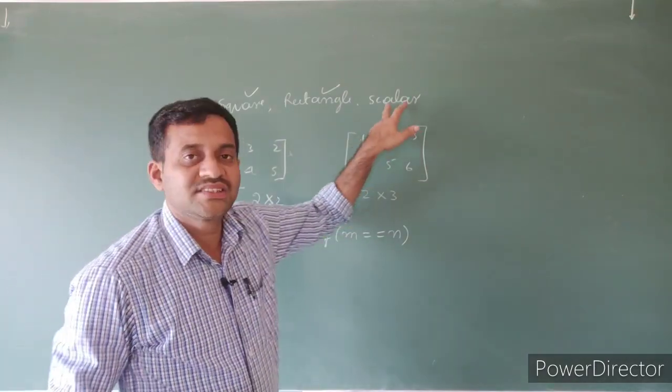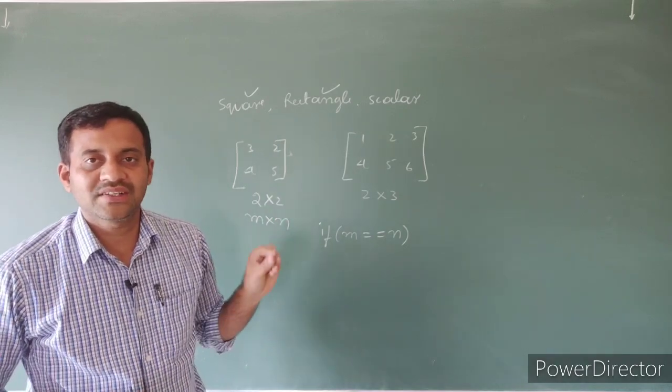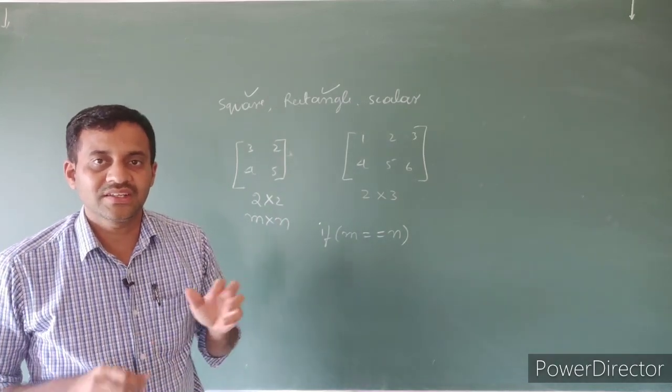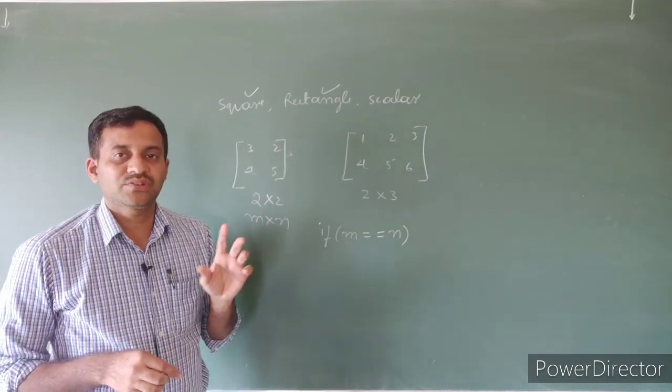Then the third one is the scalar matrix. To say the given matrix is scalar, there are conditions. The first condition is the given matrix must be square.